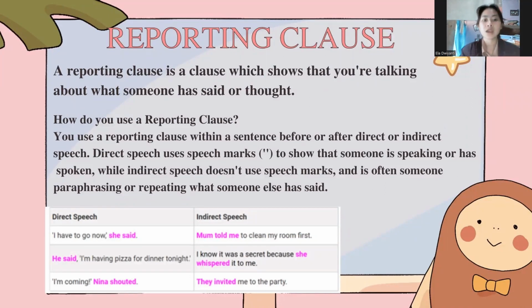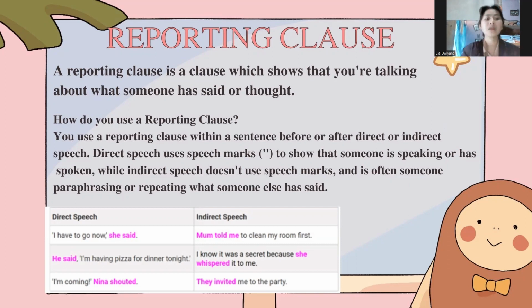Direct speech uses speech marks to show that someone is speaking or has spoken, while indirect speech doesn't use speech marks and is often someone paraphrasing or repeating what someone else has said.